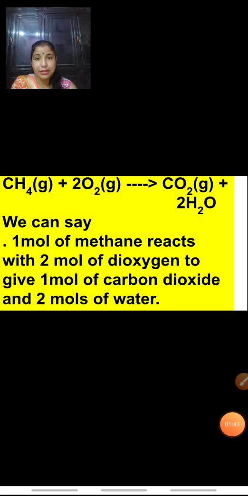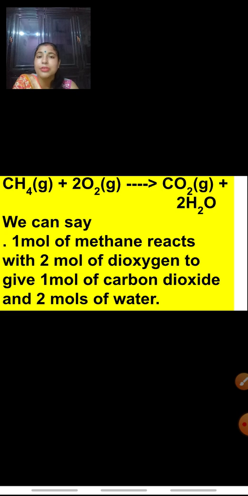Organic compounds, I think you all must know, are those compounds of carbon which are formed in living beings. All the organic compounds, when they undergo combustion, produce carbon dioxide, water as well as energy. Whatever the organic compound, whether it is methane or ethane or propane or butane.